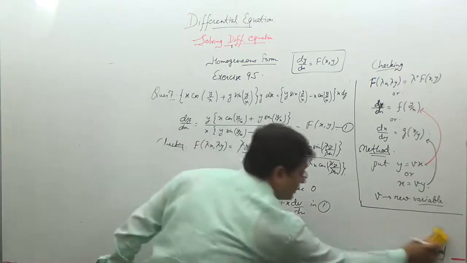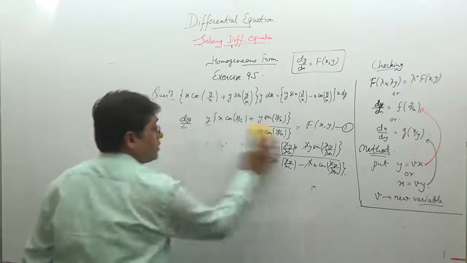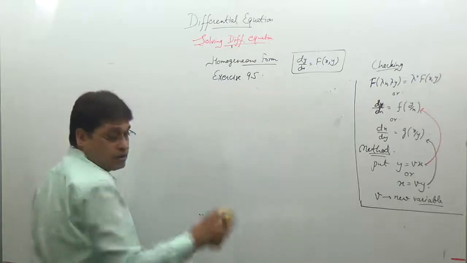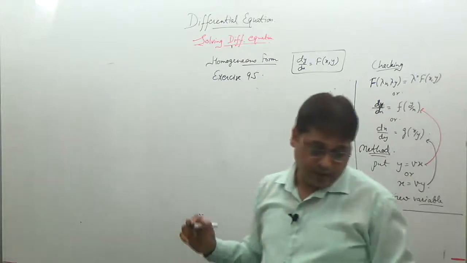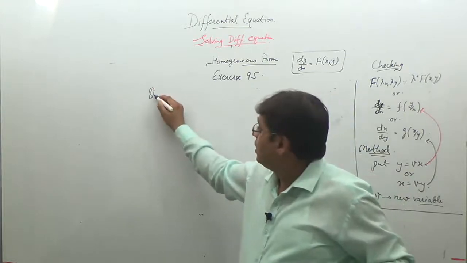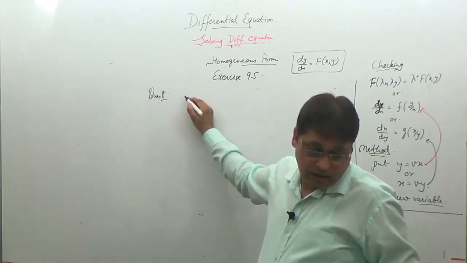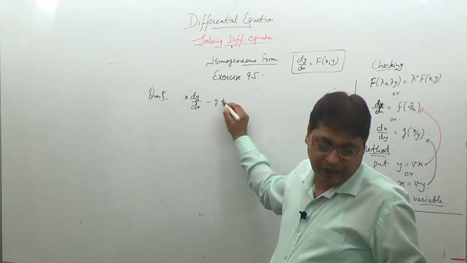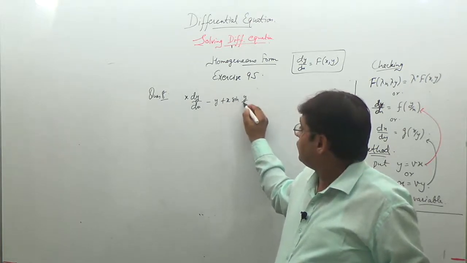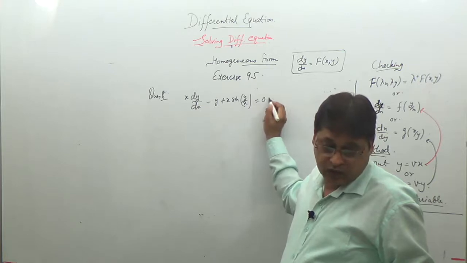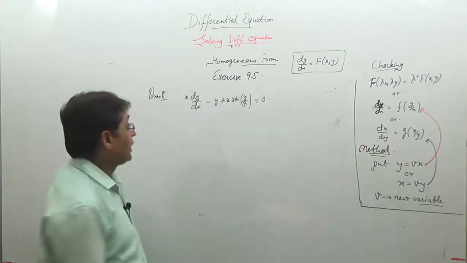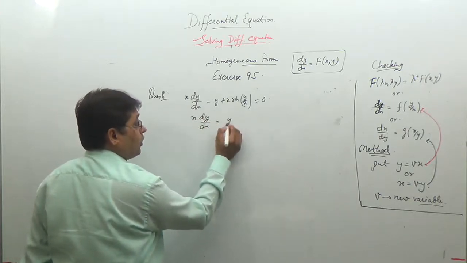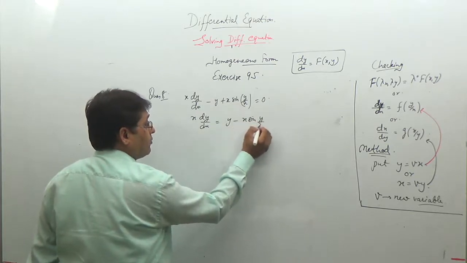Question number 8 is x dy by dx minus y plus x into sine of y upon x is equal to 0, right? Again, first in standard form, x dy by dx is equal to y minus x sine of y upon x.